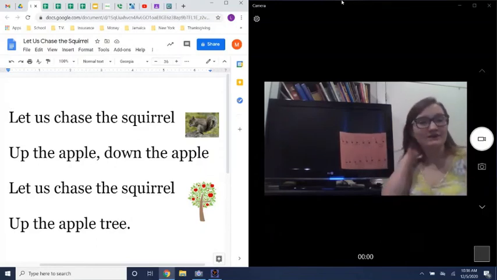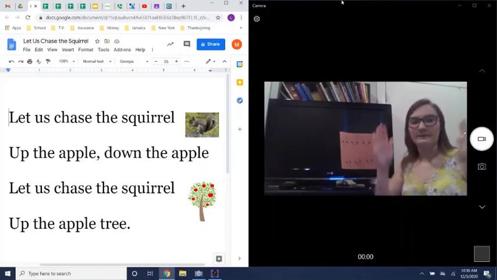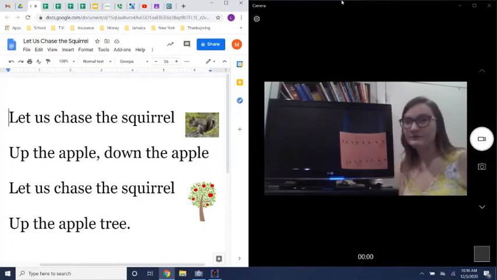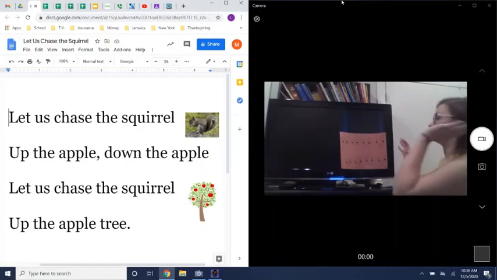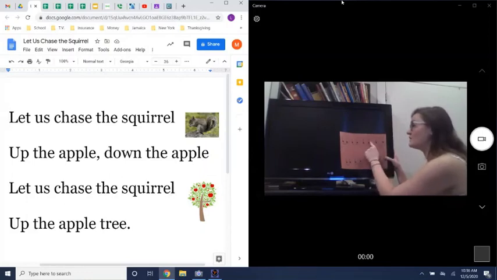All right, so get your slow beats up, and let's start with beat, beat. I'm going to sing it first, then we'll sing it together. My turn first. 1, 2, pat and listen. Let us chase the squirrel up the apple, down the apple.